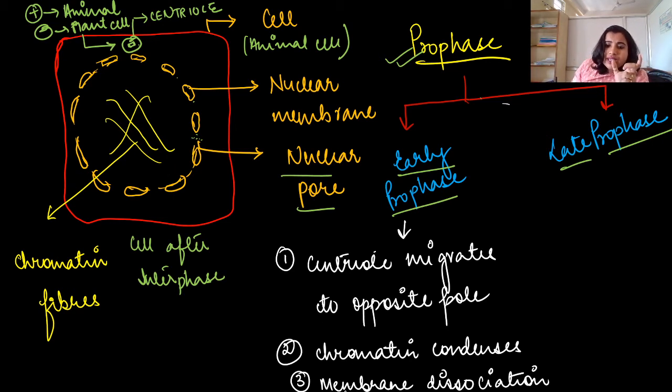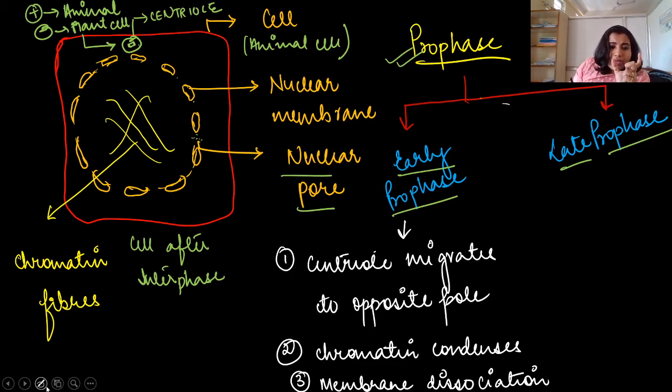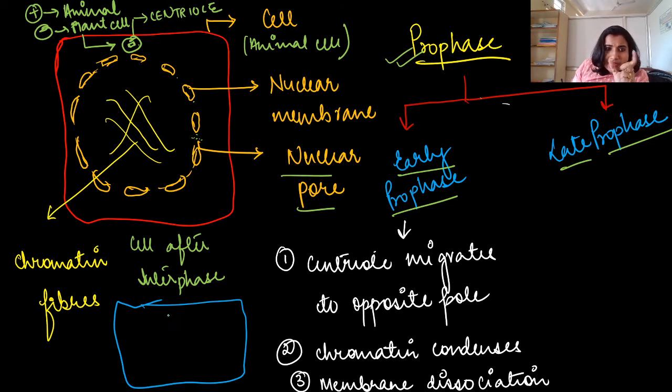So membrane dissociation takes place. If the membrane dissociation takes place, what will the cell look like? See here, I'm drawing another cell. Here membrane dissociation means there will be dissociation of this membrane. So the cell will look like this, because the membrane is dissociating, right?